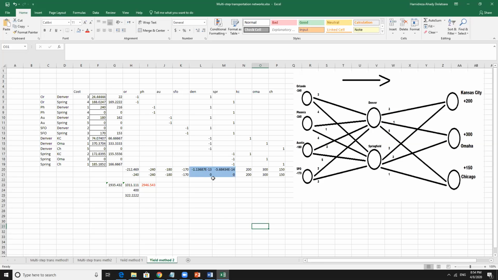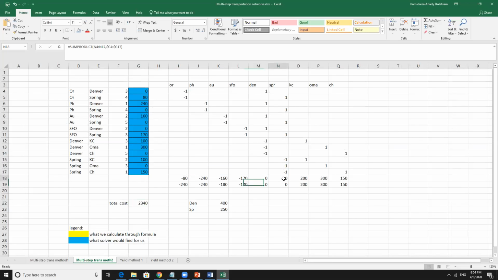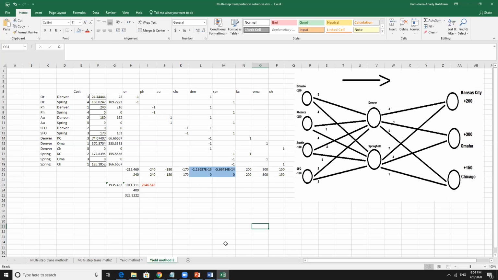Now inflow plus outflow is negative. In the previous one, it was 0. The only reason is that the inflow we send to the warehouse loses 10% of it, and then you send from there.